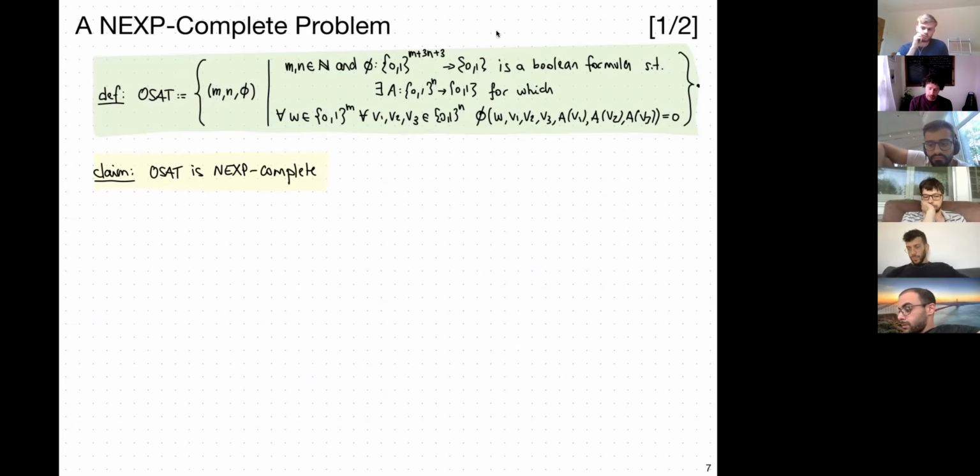Exactly, the question is whether there exists some assignment of exponential size which satisfies this thing. The prover could provide me with this exponential size assignment, and given this assignment, I will run this exponential computation of this exponential sized formula and check everything. So this problem is in NEXP in a rather trivial way.